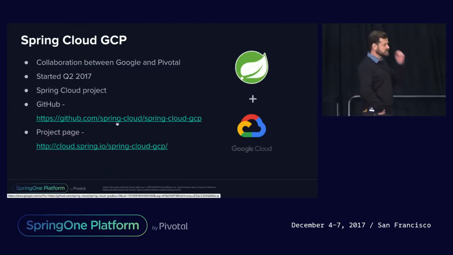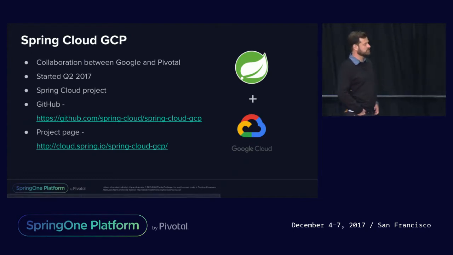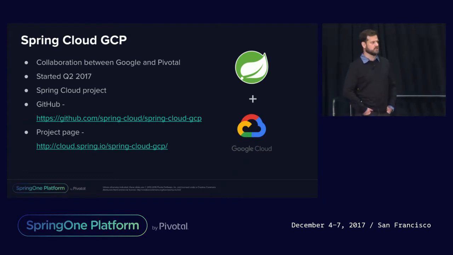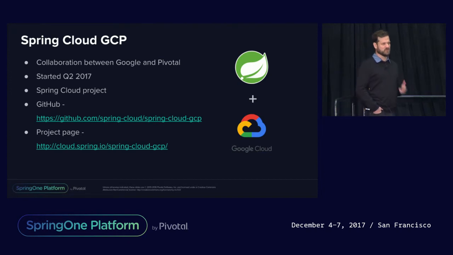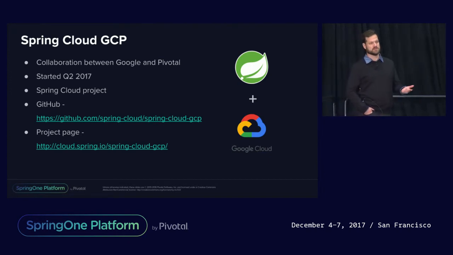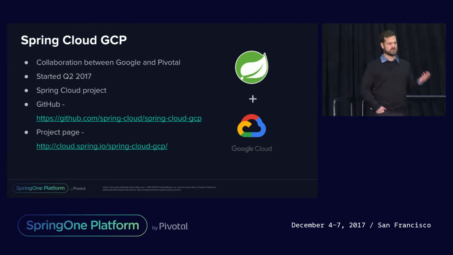So this project actually got kicked off in the second quarter of 2017 between the Java Runtimes team in New York primarily and a few of us from the Spring team. And it's been a really good collaboration model for us because they've actually written most of the code, and we've been in a role as reviewers, which is really the ideal model for us because they know their services best and how to most efficiently configure those, what options to expose for users, and so on.